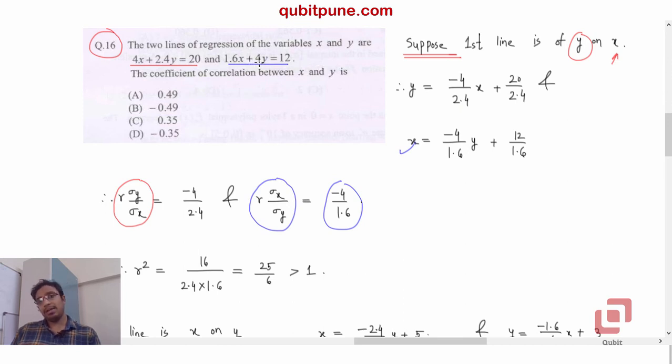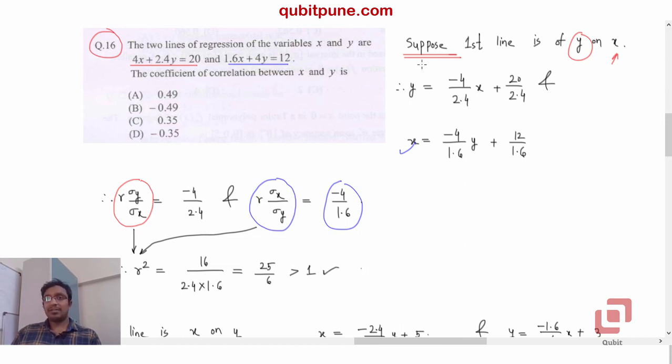Now if I take the product of r sigma y by sigma x and r sigma x by sigma y, I will get r squared. But it so turns out that if I take the product, I'll get 16 upon 2.4 into 1.6, which is obviously less than 16, the product, right? So the value of r squared turns out to be greater than 1, and this is never going to happen.